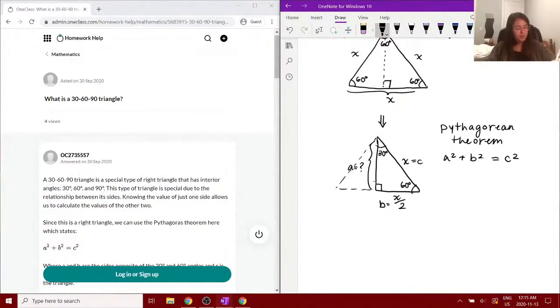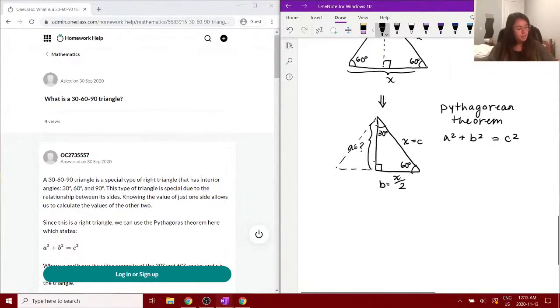So I'm going to write a for this unknown side length, and then b for x over 2. Okay, so let's use Pythagorean theorem to figure out a.